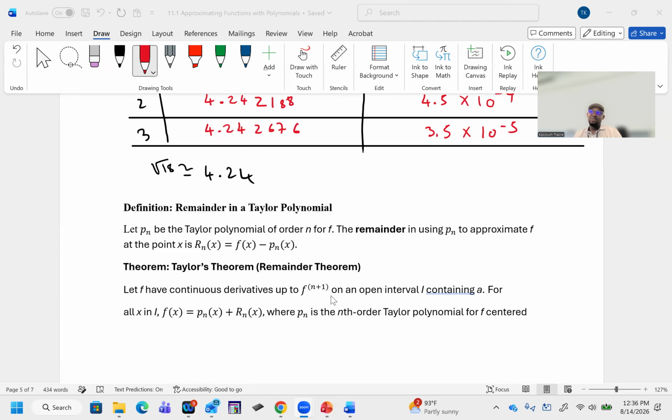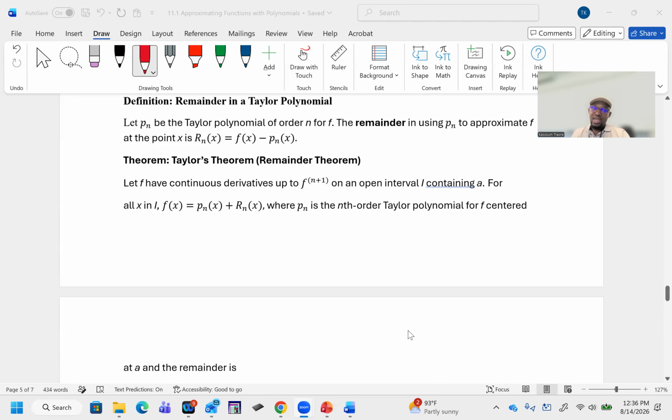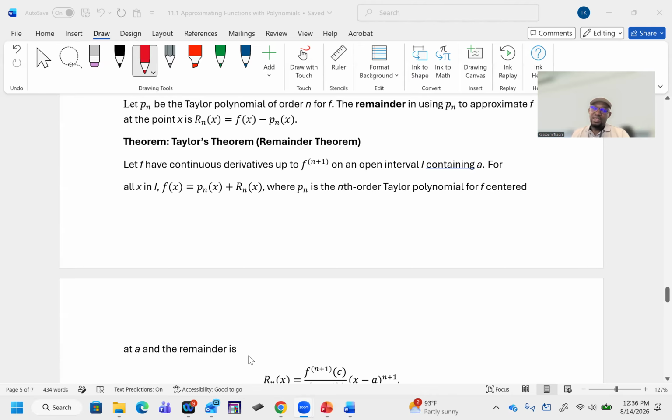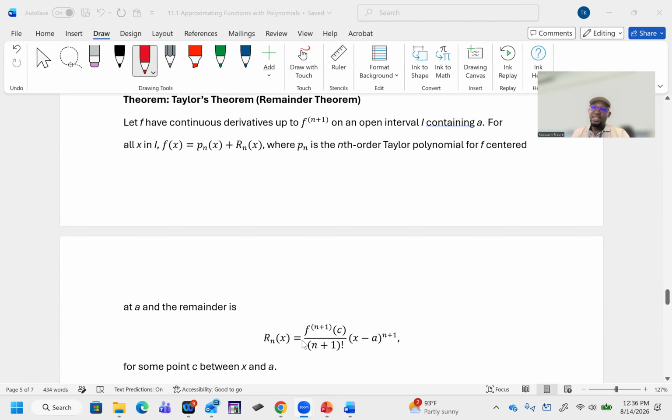f of x is equal to P sub n of x plus R sub n of x, where P sub n is the nth order Taylor polynomial for f centered at a, and the remainder R sub n of x is equal to the n plus 1 derivative of f of c divided by n plus 1 factorial times x minus a to the power of n plus 1 for some point c between x and a.